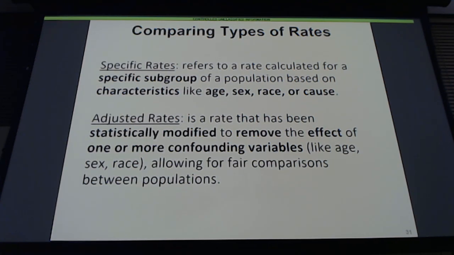And this is where you have to use some of this stuff when you're reviewing your research, when you're looking at research or reading journals, especially for pharmacology stuff. Because pharmacology is very notorious for doing specific rates versus adjusted rates. Okay?